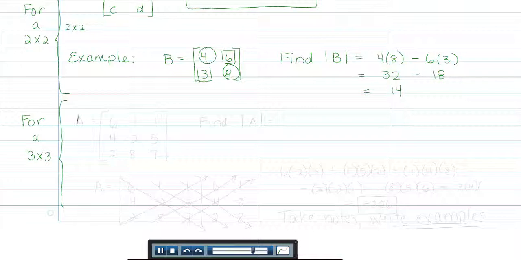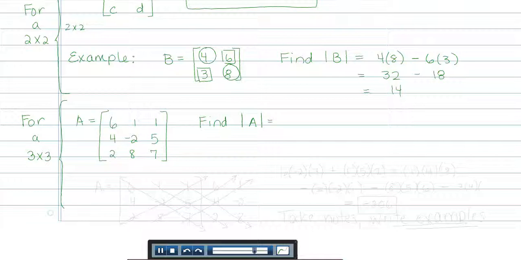So let's say A is a 3x3 matrix, and it is 6, 1, 1, 4, minus 2, 5, 2, 8, 7. And I say, find the determinant of A.